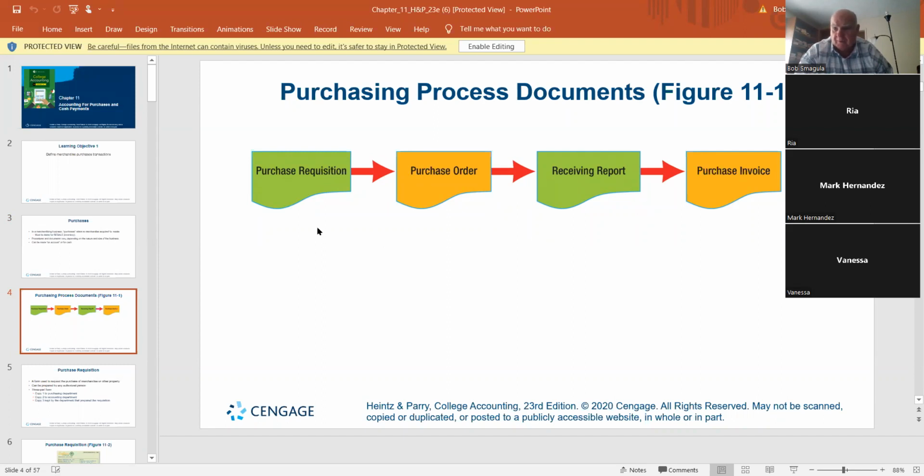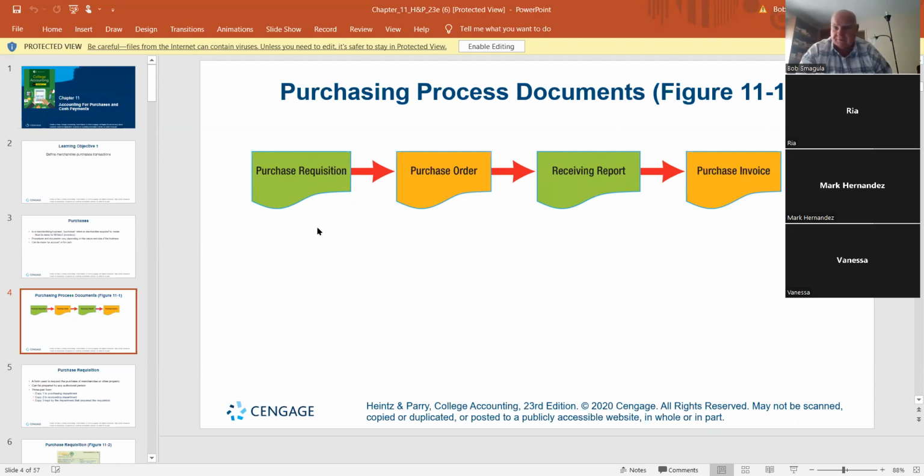It's typically a form that employees are allowed to fill out in the hopes they can get a new computer. You fill it out and you go to your boss, I think I'm ready for a new upgrade. And if the boss agrees, he or she will sign off on the purchase requisition and notify purchasing, who will prepare a purchase order.